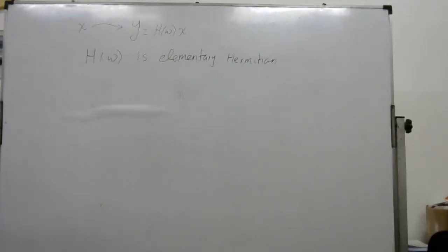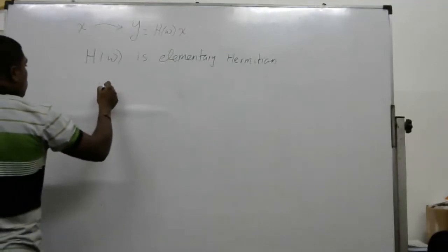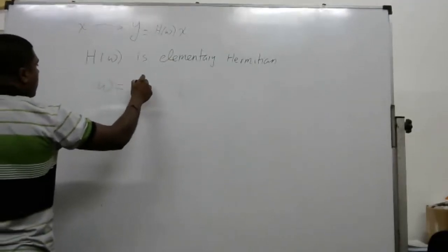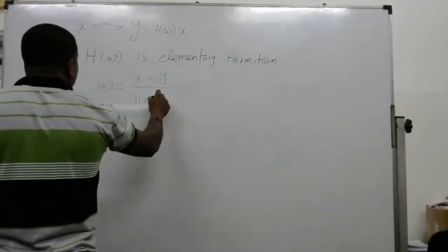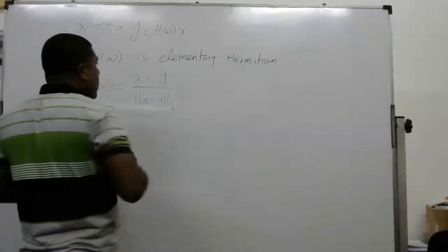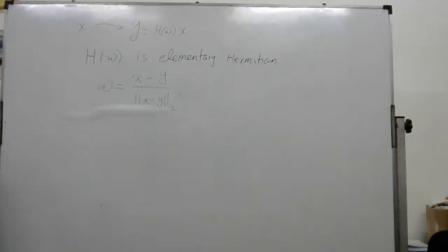At the same time, we can choose omega as (x minus y) over 2 norm of (x minus y). And this is what we learned.